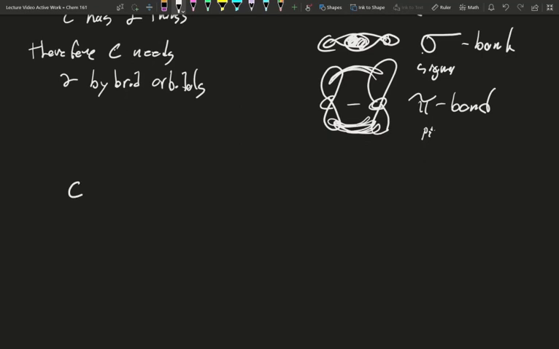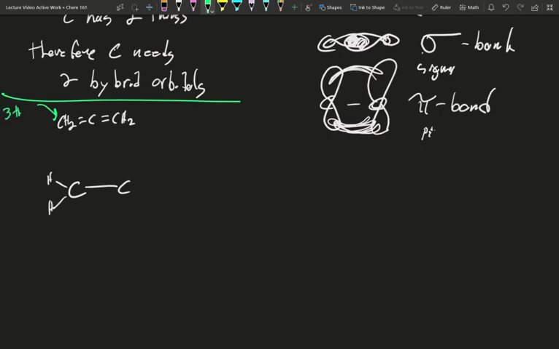If I have a carbon with two hydrogens and a carbon, let's do CH2 double bonded to carbon double bonded to CH2. Well, that first carbon has three things: two hydrogens and another carbon. If it has three things, it needs three hybrid orbitals.